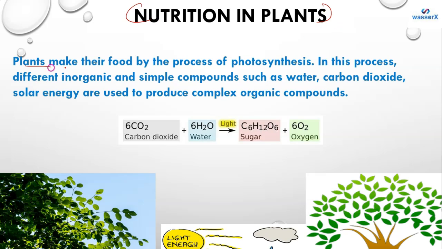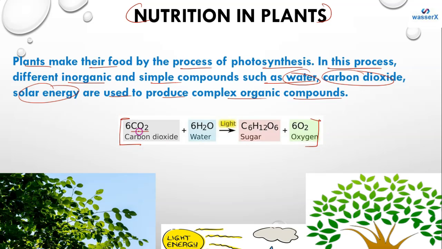We know that plants make their own food by the process of photosynthesis, and in this process simple inorganic compounds such as water, carbon dioxide, and solar or light energy are used to produce complex organic compounds. This reaction tells you the whole thing.